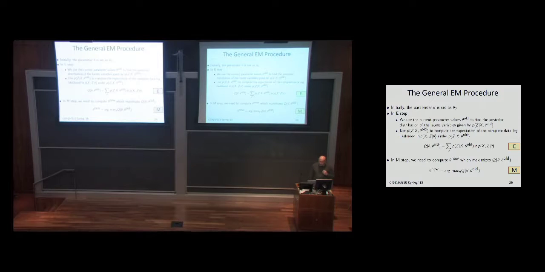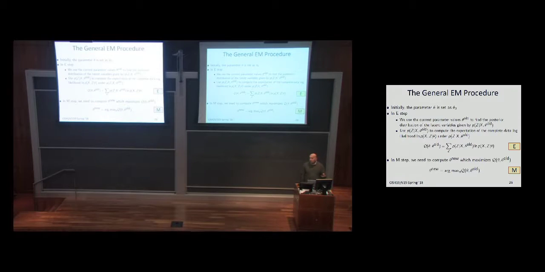So once I have this expectation that often is written as Q, and this is my expression, sum over all possible values of the hidden variable, the label of the coin in this case, the probability of Z given X times log of X, the data, comma, label given the parameters. What I'm going to do is compute the argmax of this.